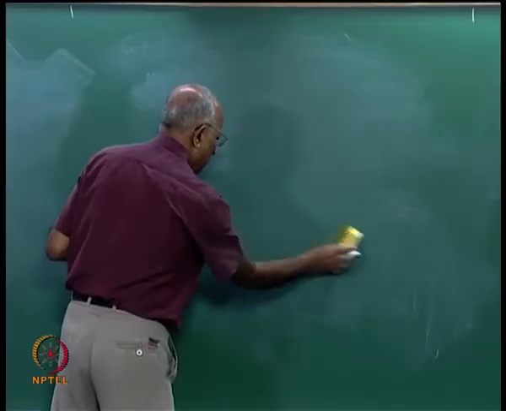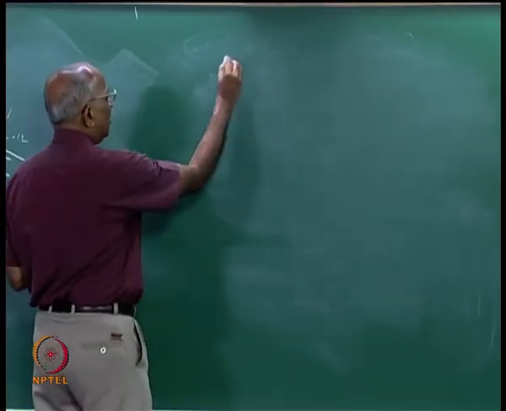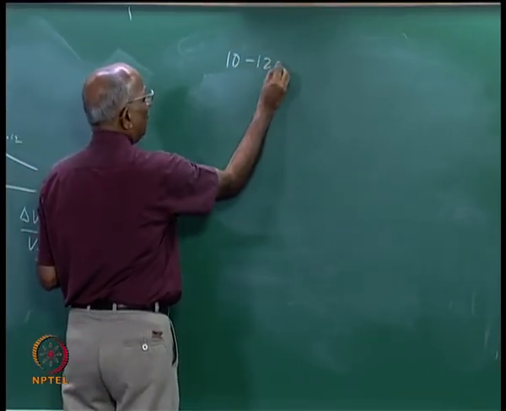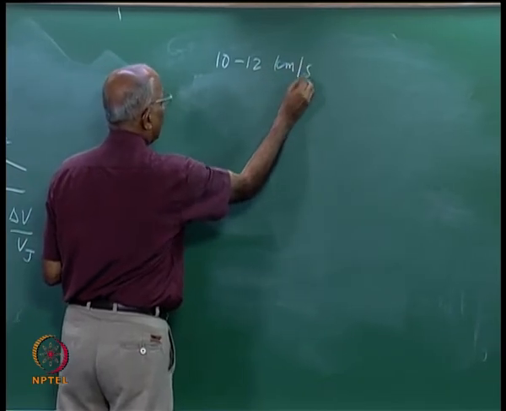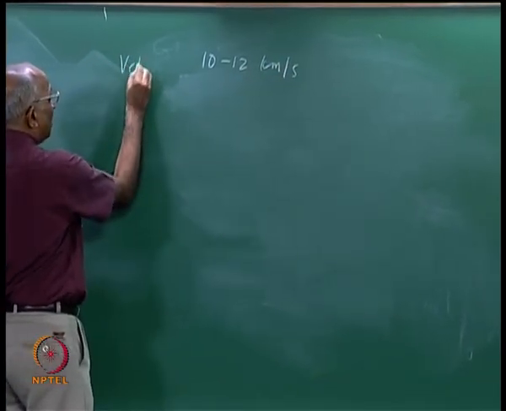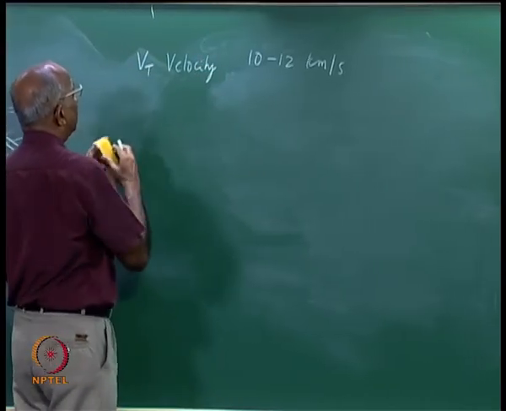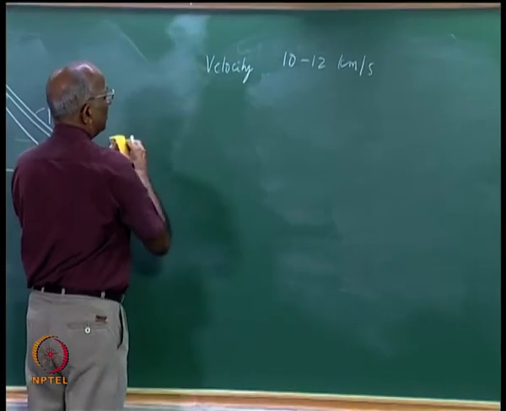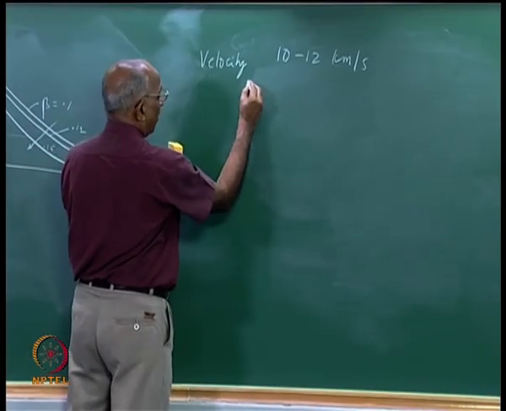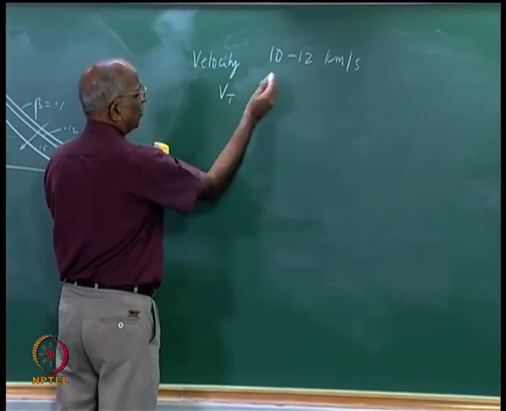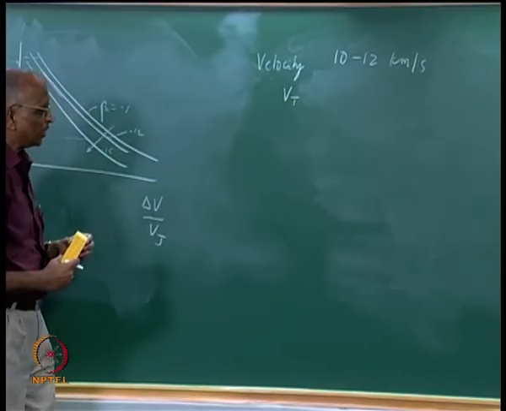But then the problem is, we are still talking of 10 to 12 kilometers per second, which is the velocity that I require. We called it Vt, right. This is what we said is the velocity required to orbit. Vt is of the order of 10 to 12 kilometers per second.